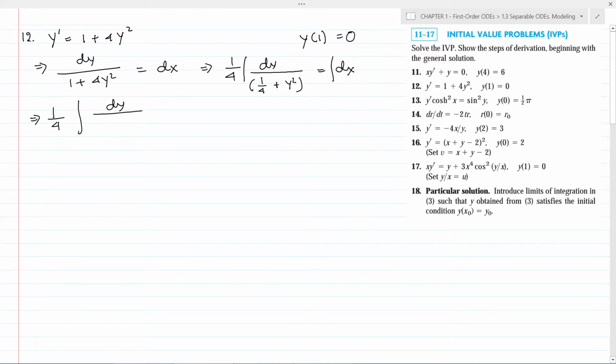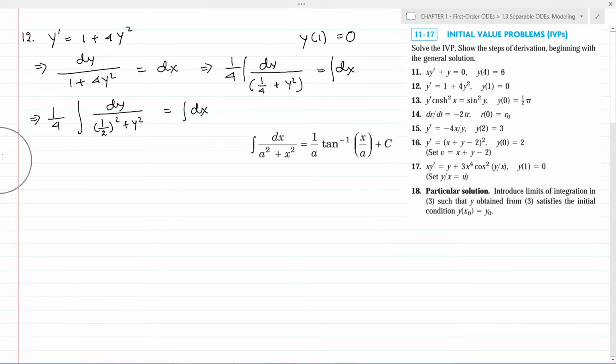We integrate both sides and we can write this as 1/4 integration of dy divided by (1/2)² + y² is equal to integration of dx. We can use this formula, that is integration of dx/(a² + x²) is 1/a tan inverse (x/a) + c.